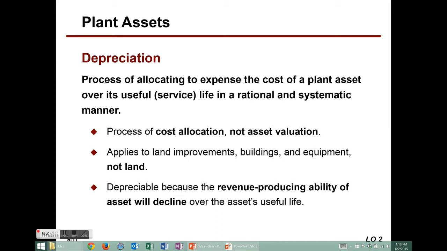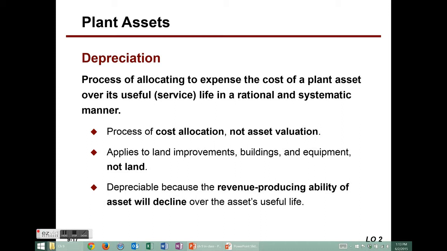There is no quality, reliable metric that would reflect asset valuation, nor do we try to do that. Depreciation doesn't do that. But what it does do is it expenses or charges to expense the cost of assets over its useful life. All right.